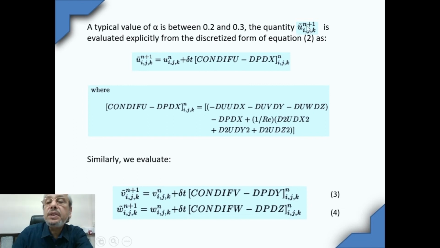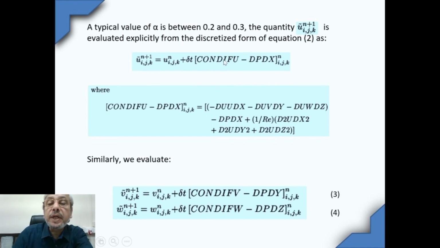The quantity uijk n plus 1 tilde is evaluated explicitly from the discretized equation 2. We mentioned earlier that uijk tilde at n plus 1 is uijk n plus delta t into condiff u minus dp dx at the ijk point at the nth level.